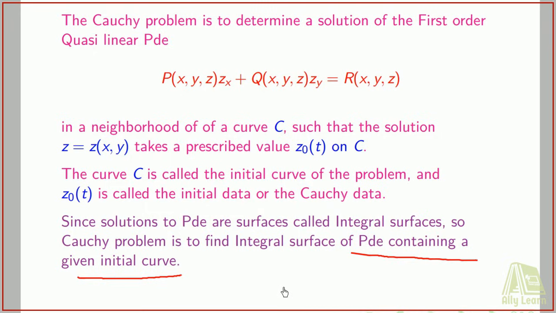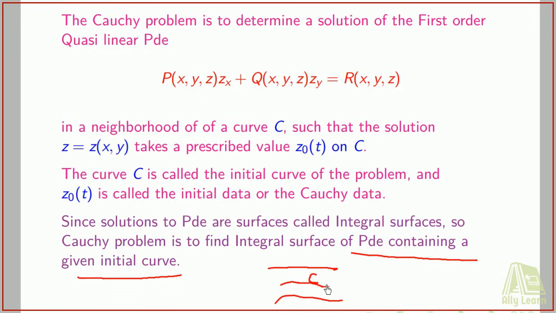So in the Cauchy problem, we consider that solution surface that contains the given curve C. We select that surface that contains the given curve C. So what we are doing is giving that arbitrary function a particular value.